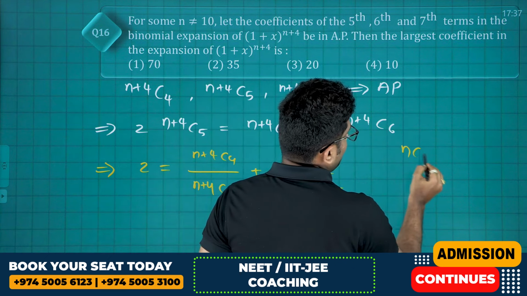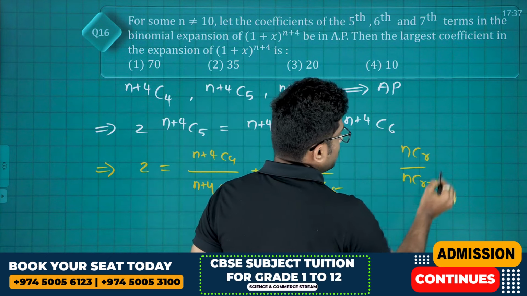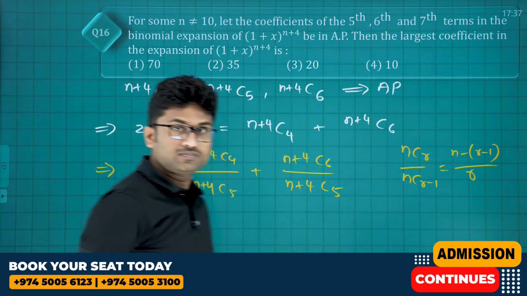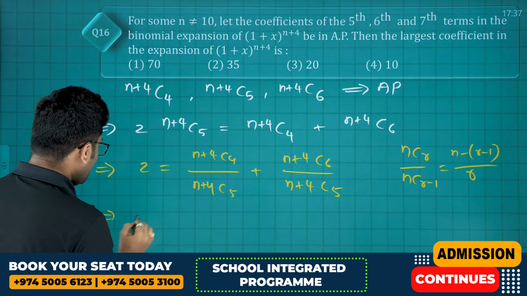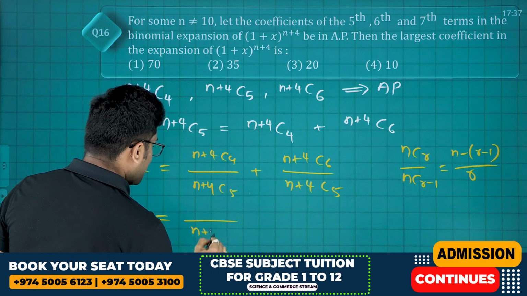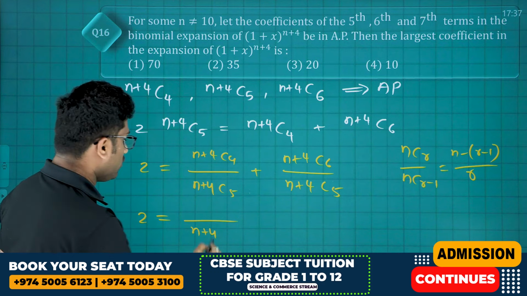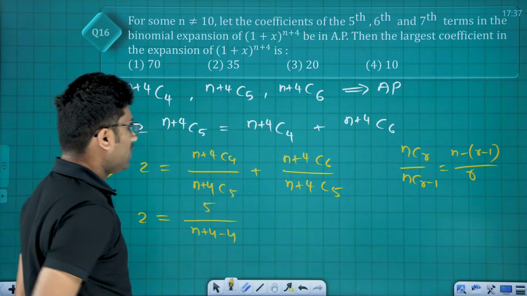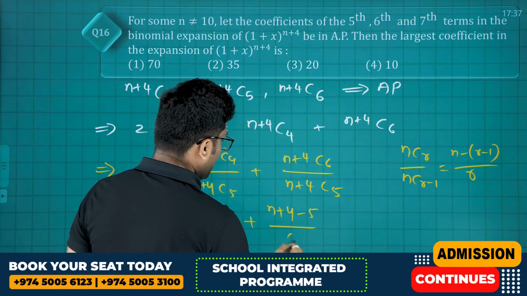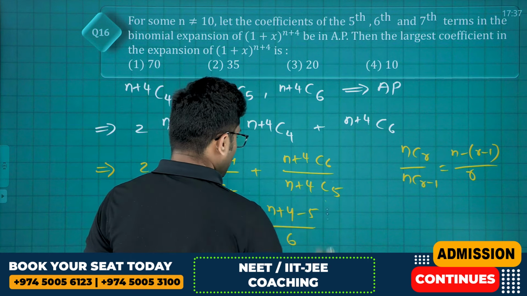We know one formula: NCR divided by NCR minus 1 is n minus of r minus 1 divided by r. Now see this. So 2 is equal to, clearly, in place of n we have n plus 4 minus 4, numerator 5, plus n plus 4 minus 4 divided by 6.